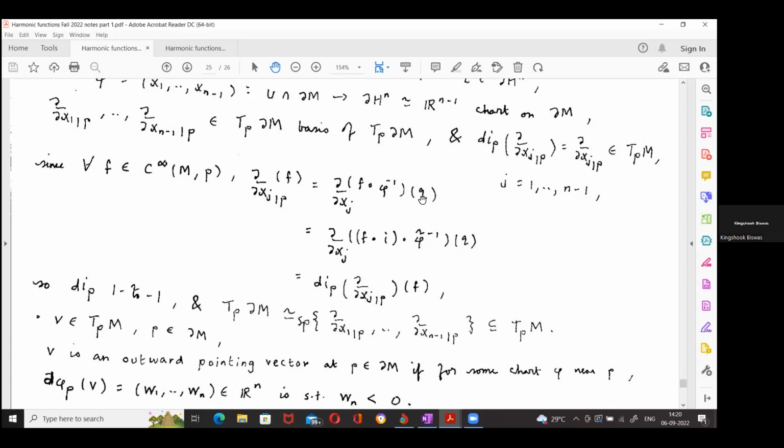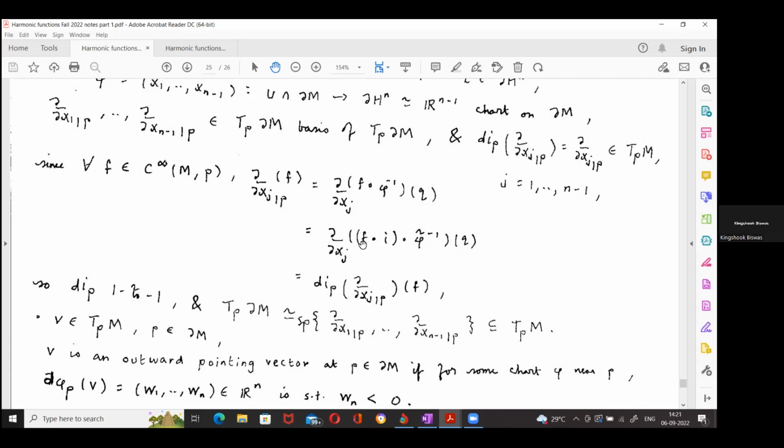And since I'm differentiating in a direction which is parallel to boundary Hn, this is the same as the derivative of this function restricted to boundary Hn, right?